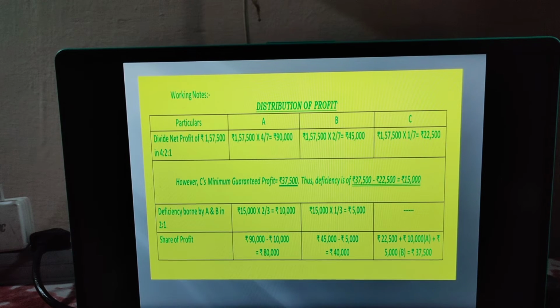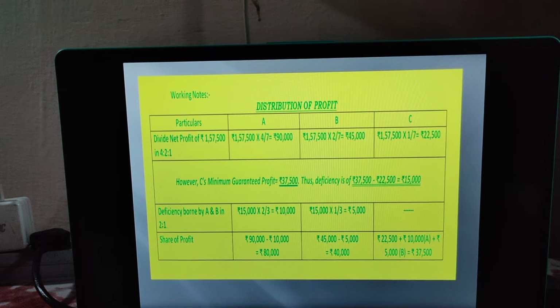Deficiency is 15,000 rupees. Now who will bear the deficiency? The deficiency will be borne by A and B. Now the ratio has not been given, so in whatever the PSR is, in that ratio only that 15,000 should be divided between A and B. So divide 15,000 in the ratio of 4:2 or 2:1, you will get 10,000 and 5,000.